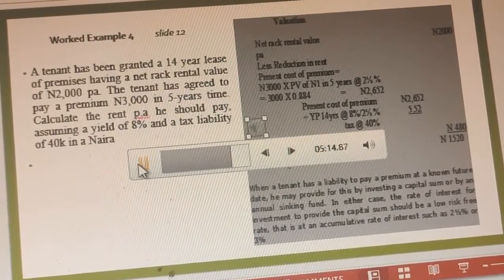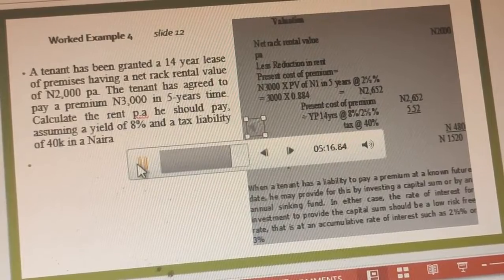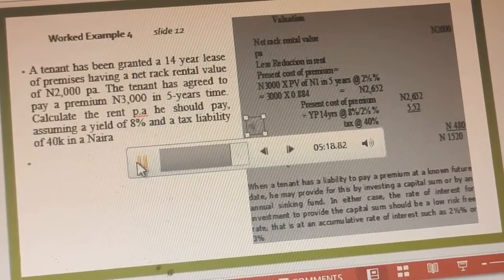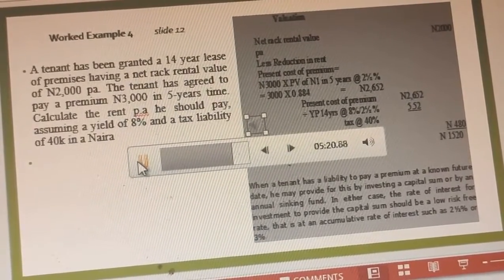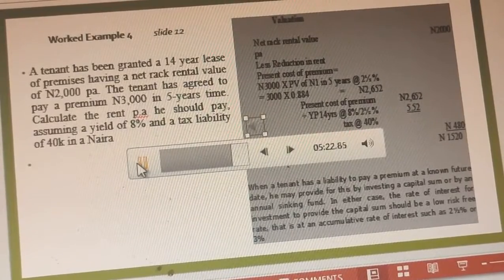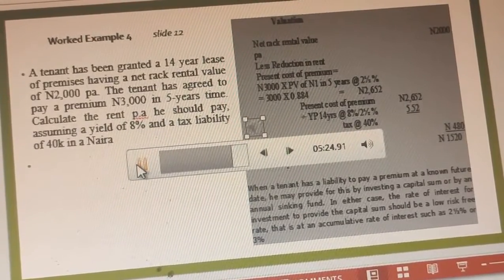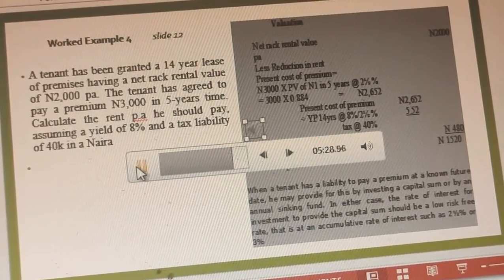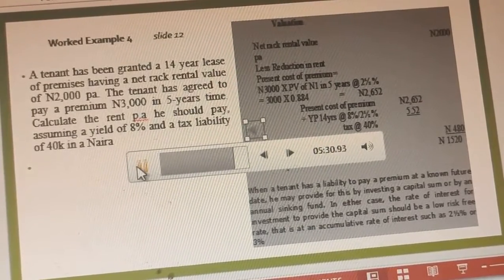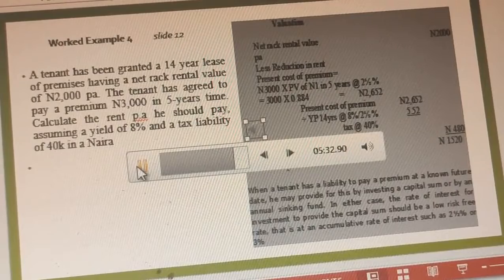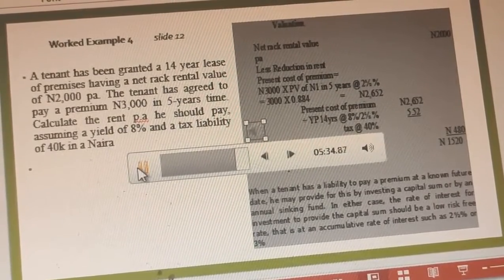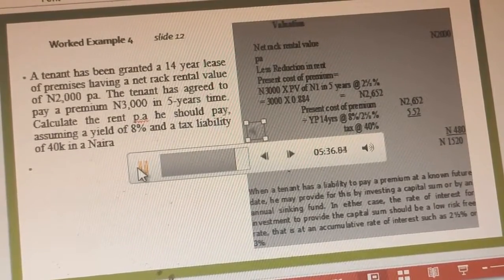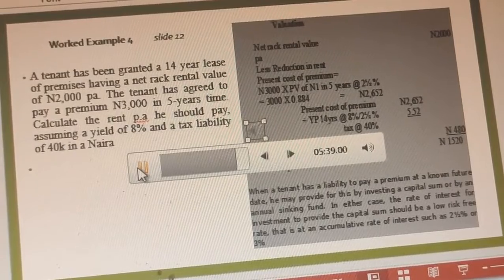Then you will have made allowance for that premium to find the annual equivalent of that premium. Please remember that, it's very important, because it has become a liability on the tenant.